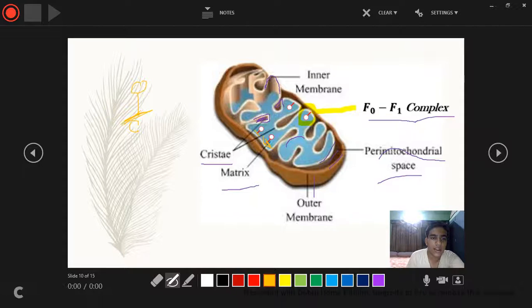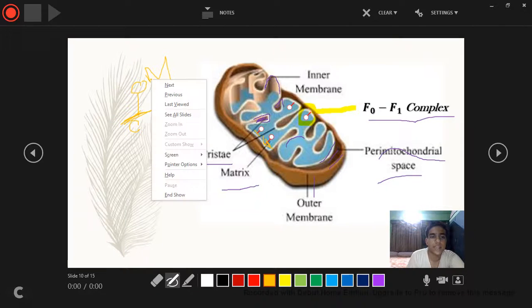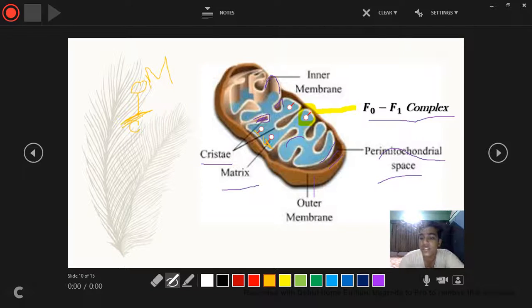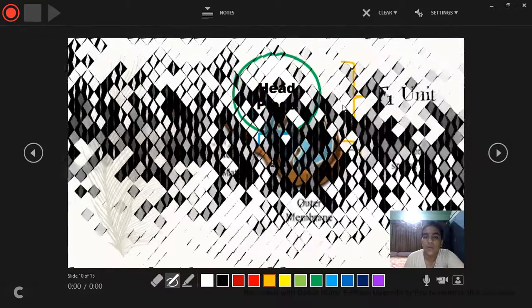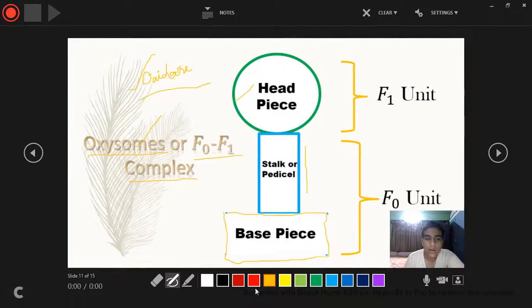Here the cristae is there, and all around is the matrix, a fluid-like substance. So the base is connected with the base of the cristae. Okay, let me go to the next slide and explain here. So this is the structure. Here the cristae base is there, right?